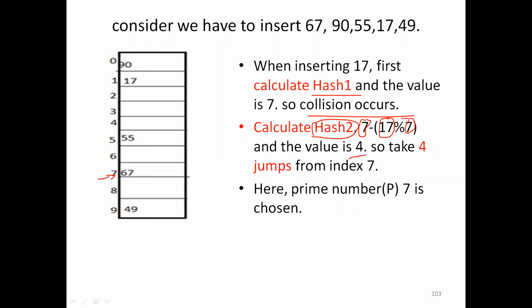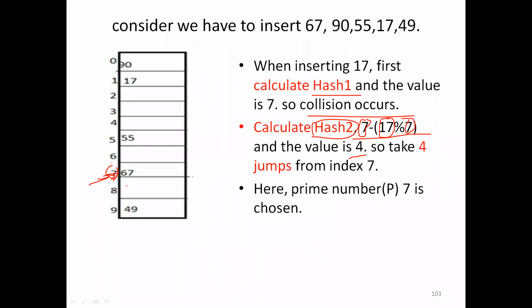When I apply the prime number to this second hash function, I get the value 4. So I have to jump 4 slots from the colliding slot. The colliding slot is index 7. From here I move 4 slots: 1, 2.